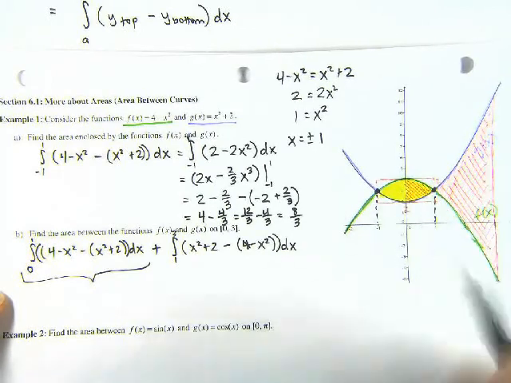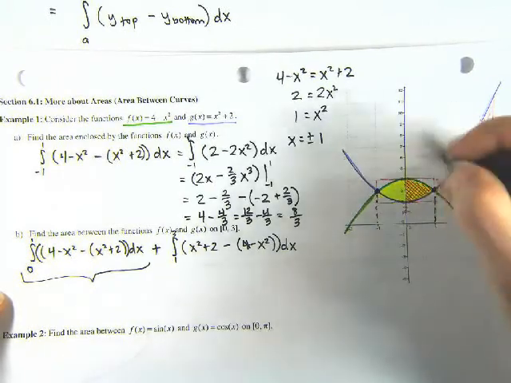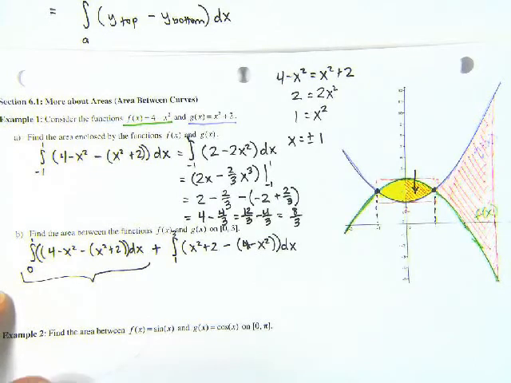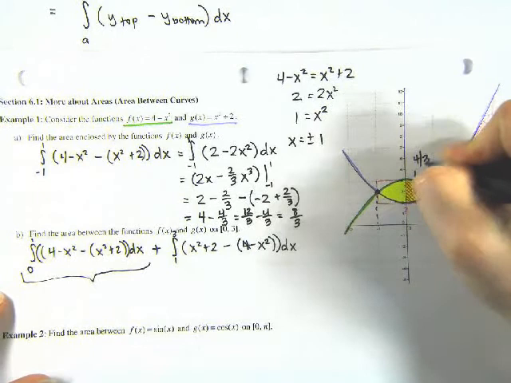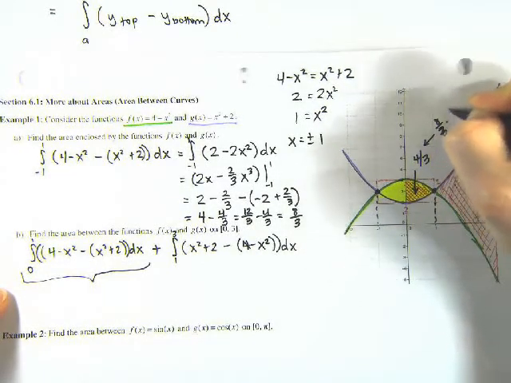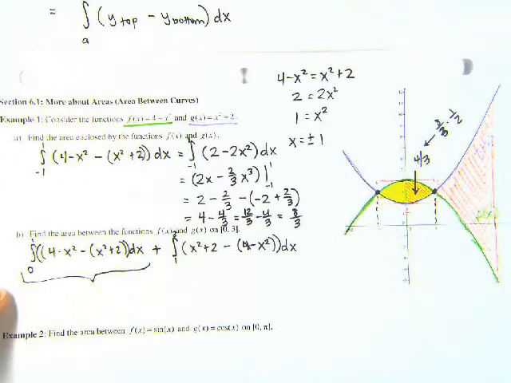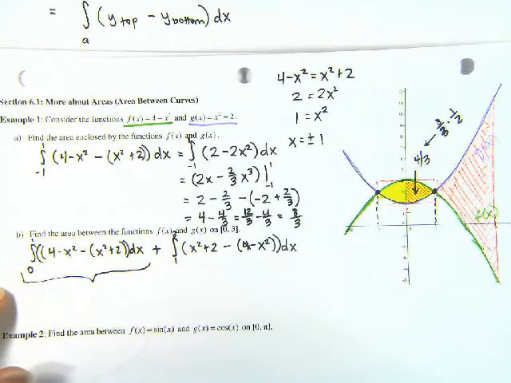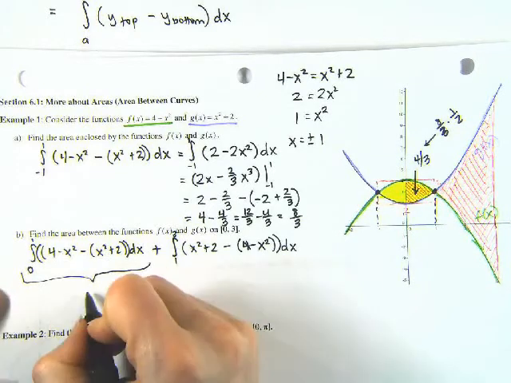So if this region was 8/3, then the area of this region would have to be 4/3, half of it. Okay, so we're getting that from taking half of 8/3, giving me 4/3. Okay, so I know that's 4/3.